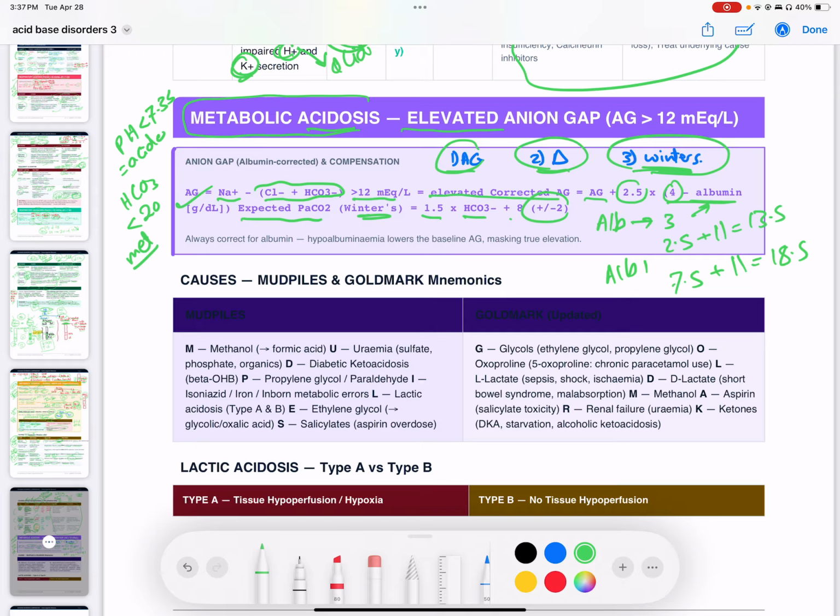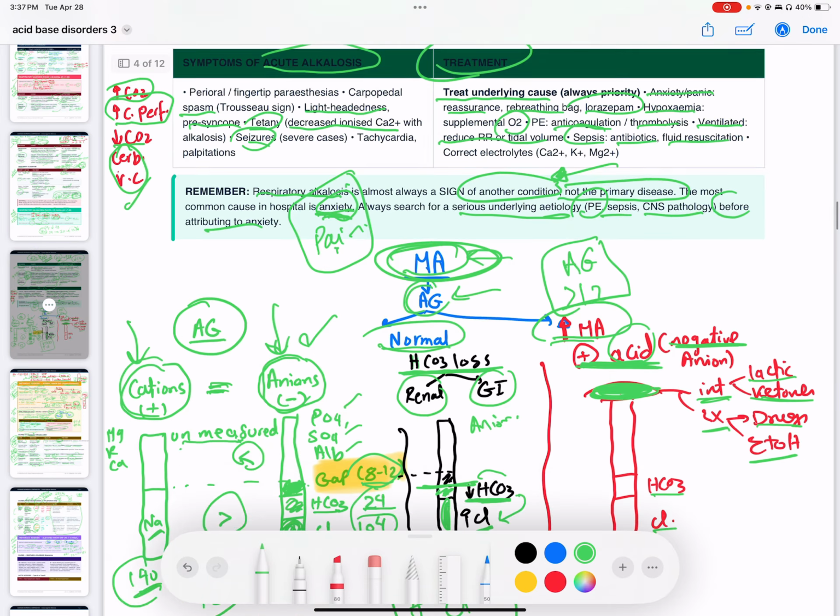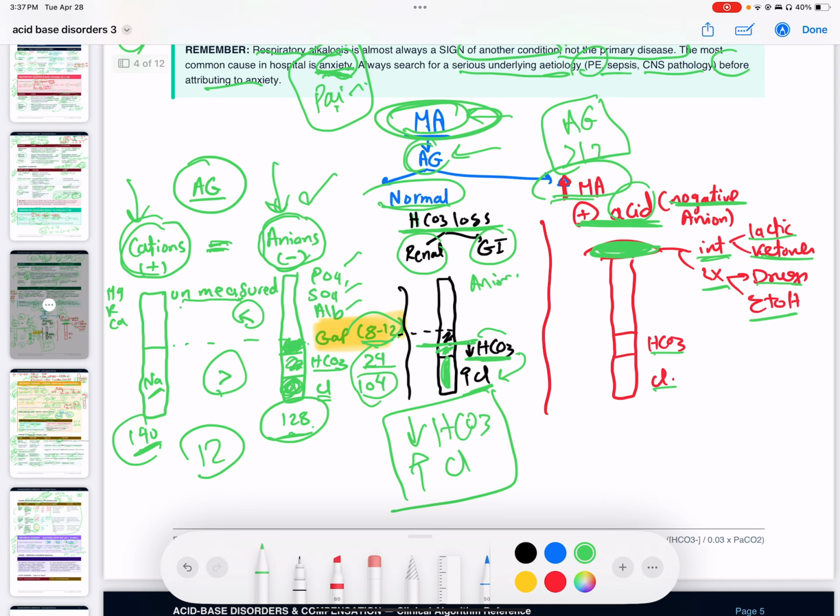And as we learned earlier, about the major difference between normal anion gap and high anion gap: in the normal anion gap, you have bicarb loss, but in the high anion gap, you have actual acid that's added to the bloodstream, increasing the unmeasured anions and also increasing the anion gap.